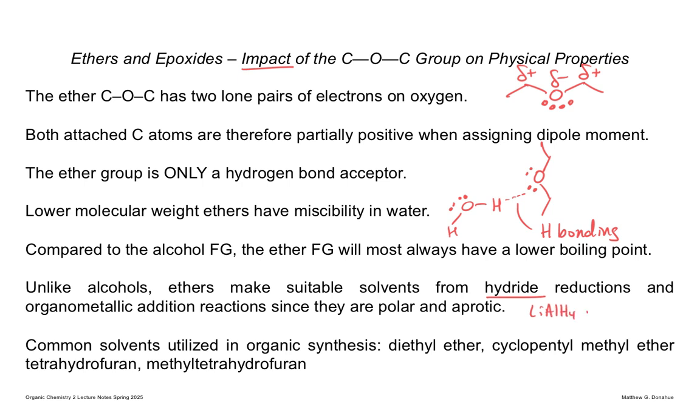That's typically run in THF, so that's tetrahydrofuran. So it supplies enough polarity to help get things dissolved and help it through the transition states and whatnot. But it's not a solvent with an acidic proton that would quench the hydride.